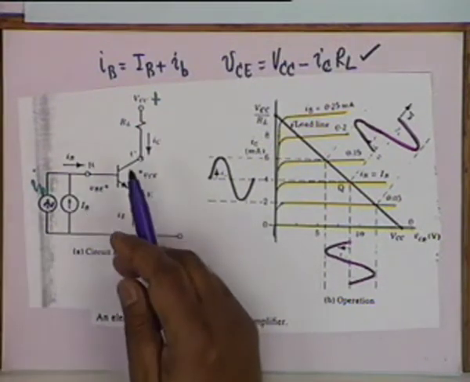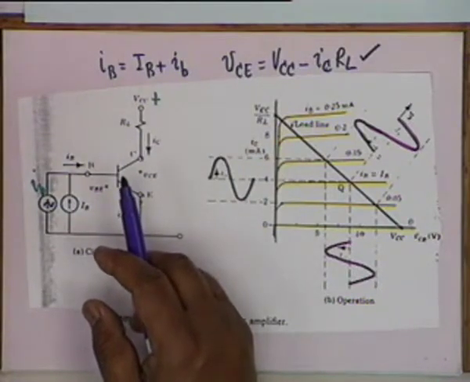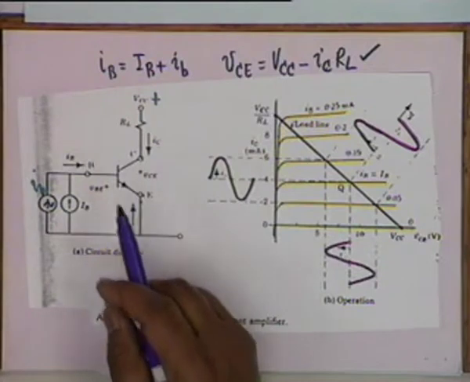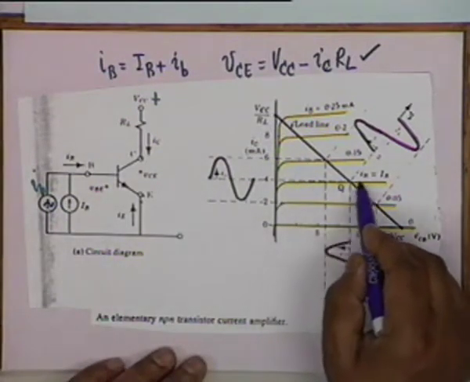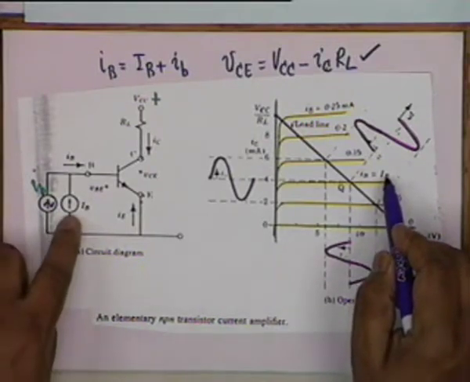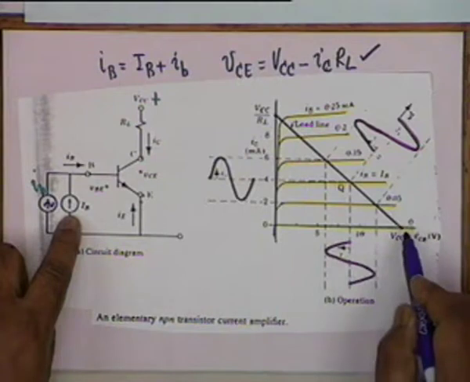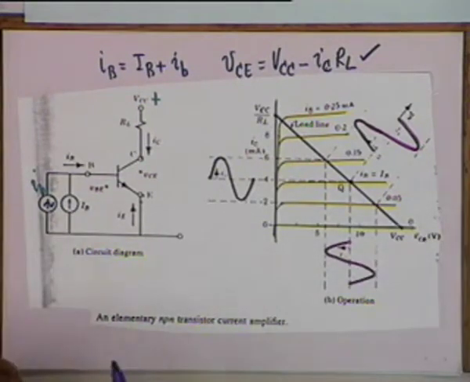now ignore small i b. Small i b is a small variation or perturbation over the steady value of IB. I identified that this is the curve which corresponds to the given value of IB. Then I find out where it intersects. This is the point, and this is my Q point.